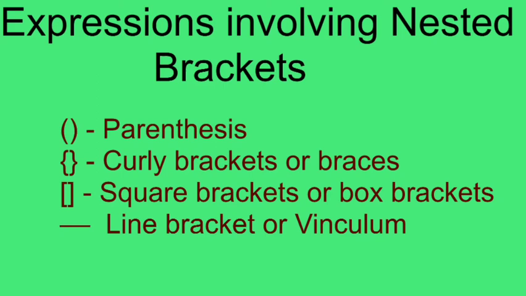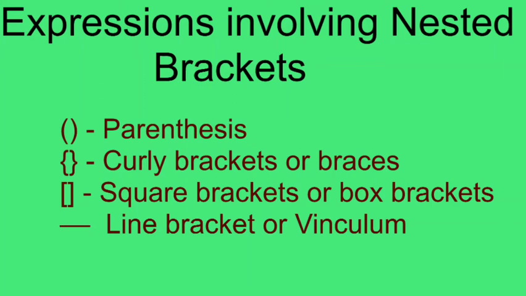Now let us see the expression involving nested brackets. What is meant by nested brackets? One bracket inside another bracket. So many such brackets come together. How can we solve? So nested brackets, there are different types of brackets.